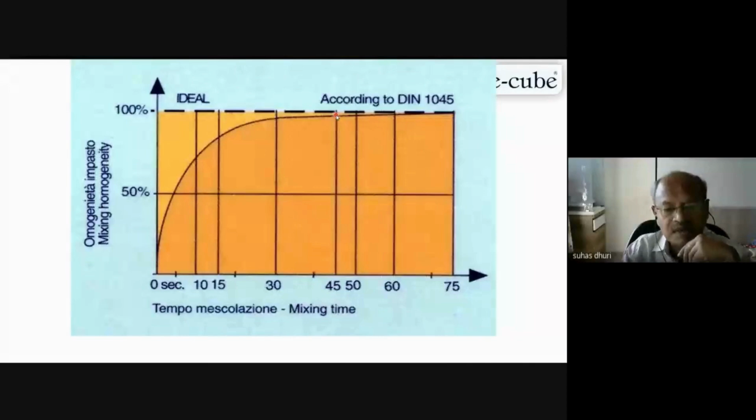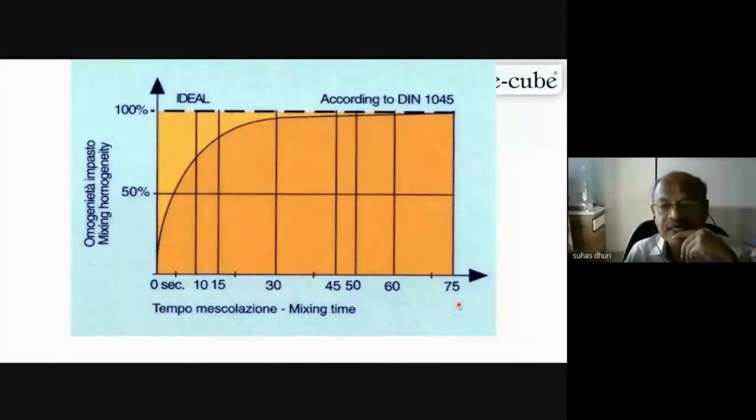You take a normal pan mixer, this time goes to 90 seconds to get around 90-95% efficiency. Here is also, if you see, you want 100% efficiency, you require at least 75 seconds to mix.